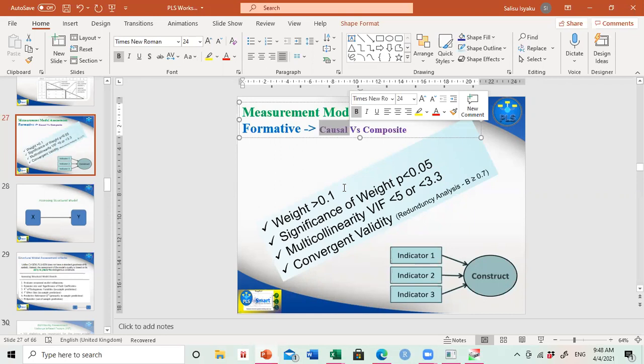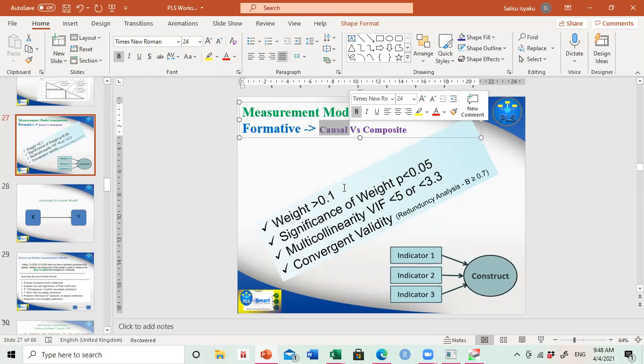Okay, you will now think that maybe you have 4 items. Based on literature, based on your understanding, based on expert advice, you now think this one should not be part of my model. So you can delete it. It has now become a causal indicator of a formative construct.